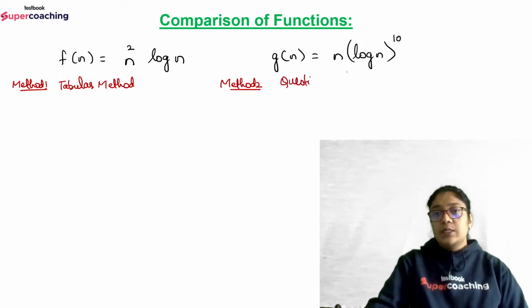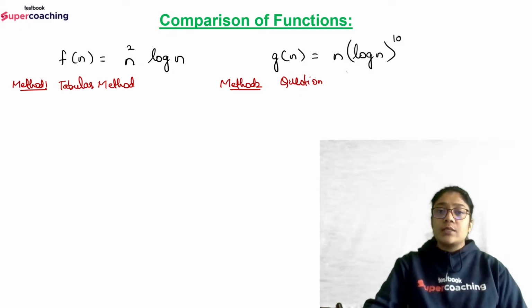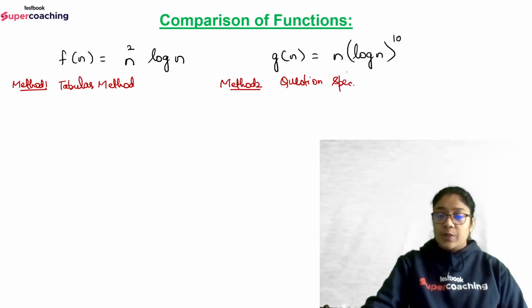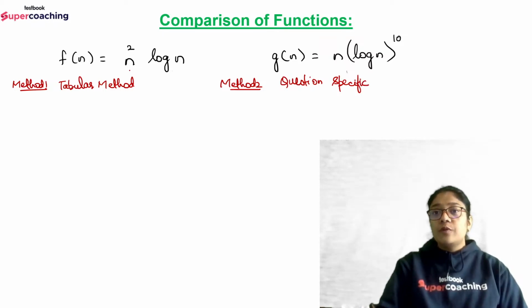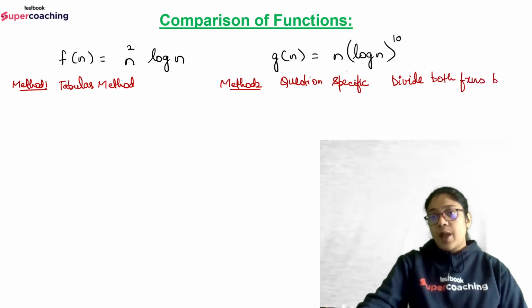Method 2 is question specific. क्वेश्चन स्पेसिफिक मीन्स यहाँ पे जो फंक्शंस गिवन है इसमें देखो आप कौन सा फंक्शन अप्लाई कर सकते हो इन ऑर्डर टू सिंप्लीफाई द फंक्शंस. So this method is question specific. In this question we can see that in both the functions we are getting n log n. So divide both functions by n log n.